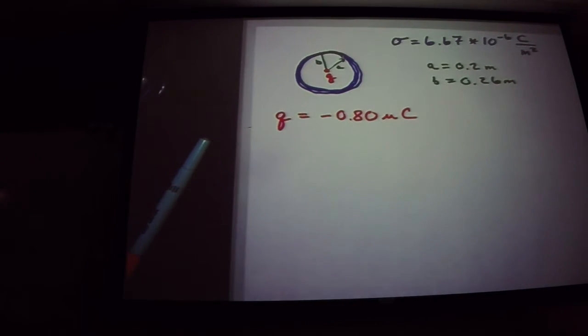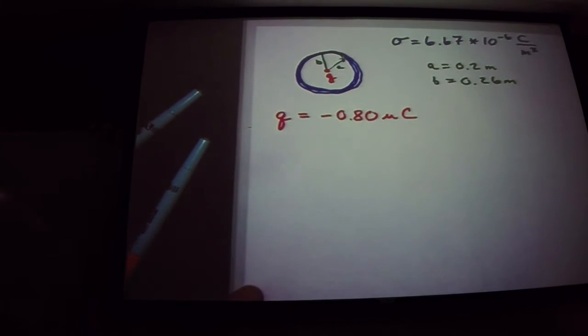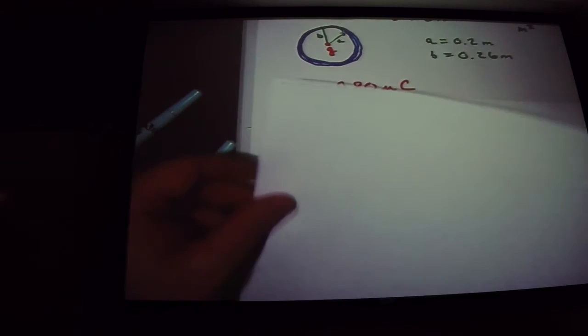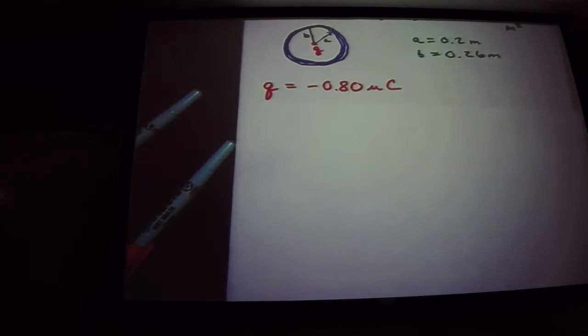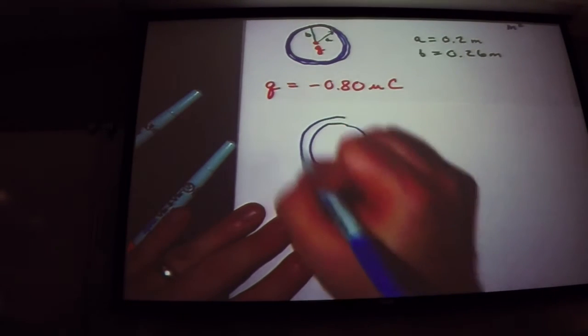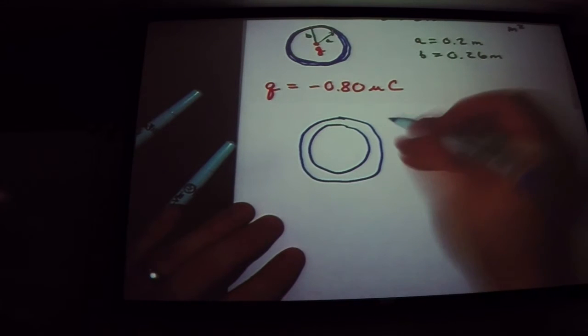So, if this charge is on the sphere without this one, where is it? In other words, let me draw the shell without the charge. Okay, so I just have a shell, and there's no charge in the middle here, and I put charges on this.